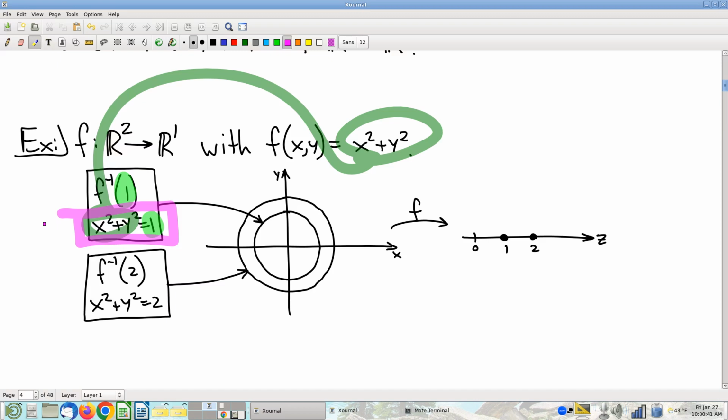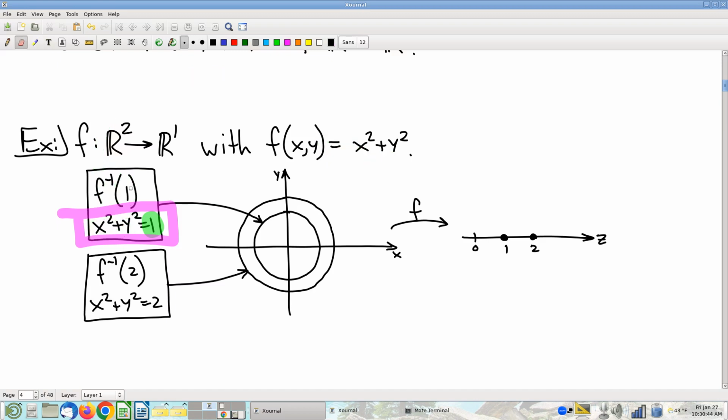X squared plus y squared is 1. I know the deal there. And so let me get my color coding back on track here. So for this output value 1, when I'm trying to find f inverse of 1, I want the function to equal 1. The set of solutions is this circle. That's the set of inputs that gives me that output.